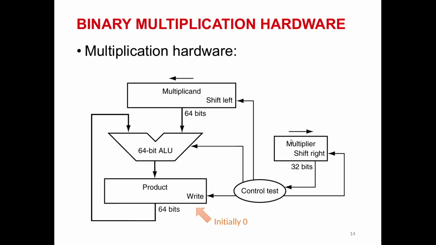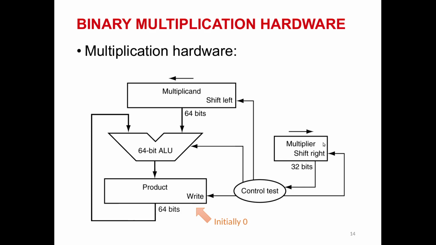And we also know that for the multiplier, in order to make sure that the bit we are working with is always located at bit 0, we will need to shift the multiplier 1 bit to the right every time.